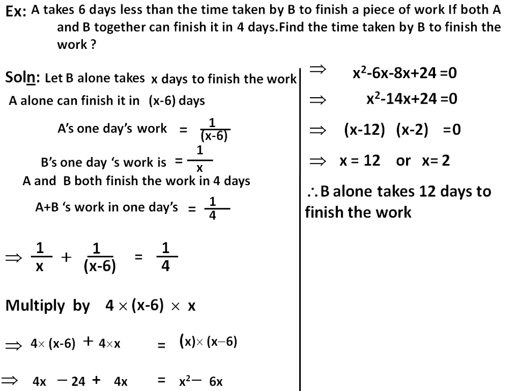I will not take x as 2, because if I subtract 6 days, it would be minus 4. Therefore always take x as 12. So B alone takes 12 days to finish the work.